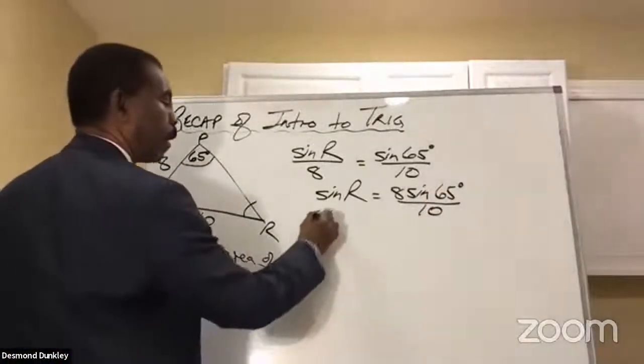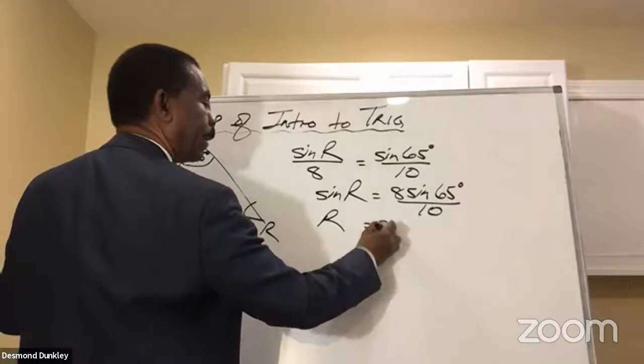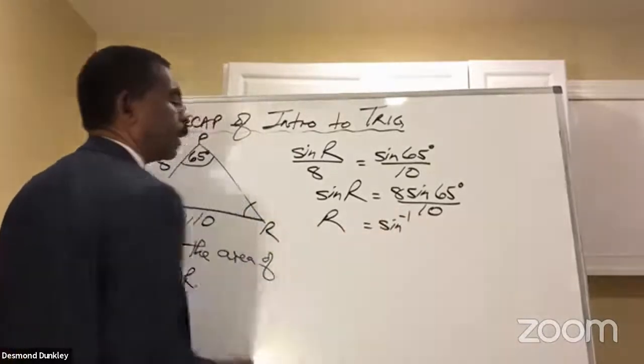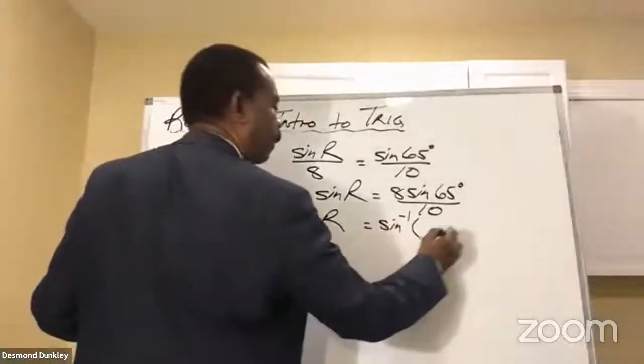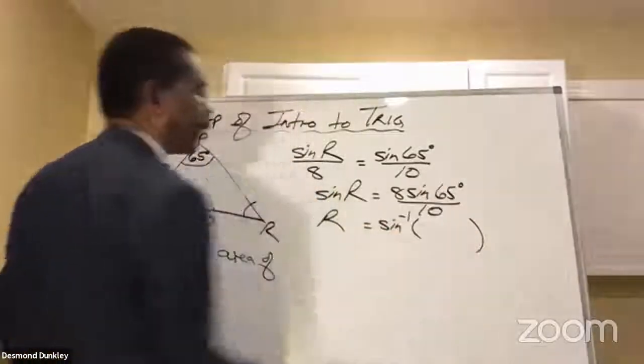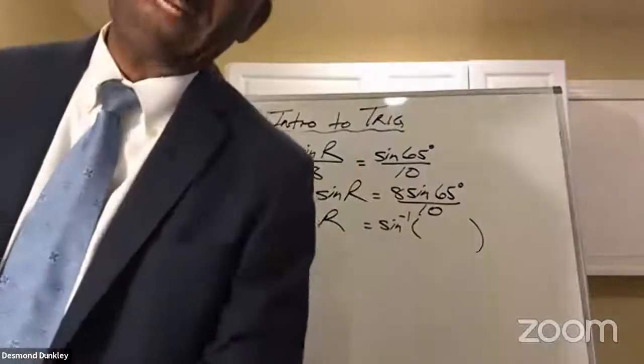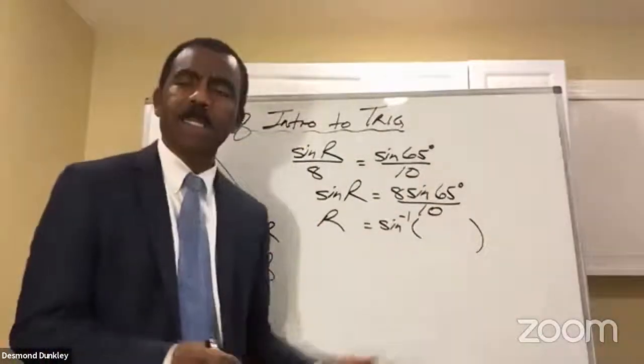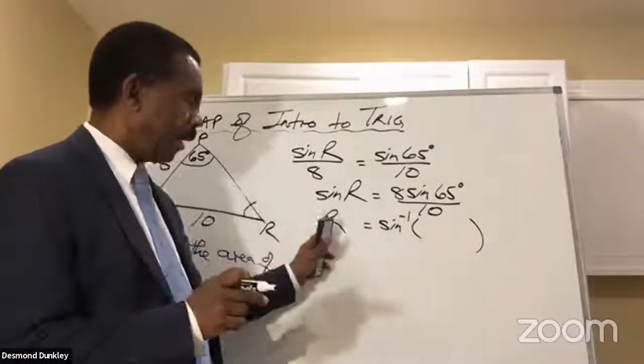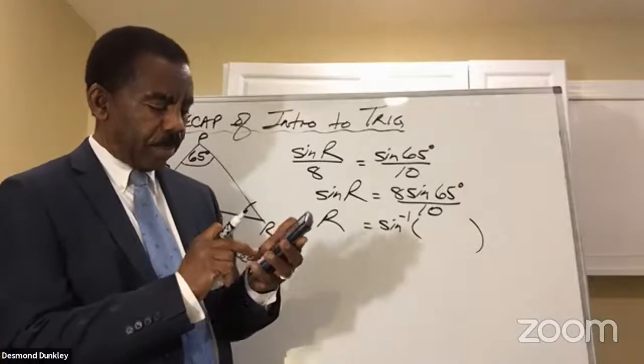And therefore, R equals sine to the minus 1 of whatever we get from this. So this is a number, and whatever we get from that number, we do sine to the minus 1, and that will be the angle R.